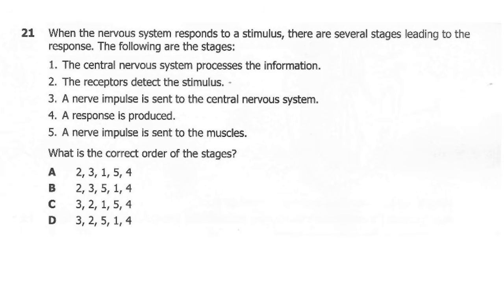A response is produced. 5. A nerve impulse is sent to the muscles. What is the correct order of the stages? You can leave your answer in the comment section. Is it A, 2, 3, 1, 5, 4, B, 2, 3, 5, 1, 4, C, 3, 2, 1, 5, 4, or D, 3, 2, 5, 1, 4?